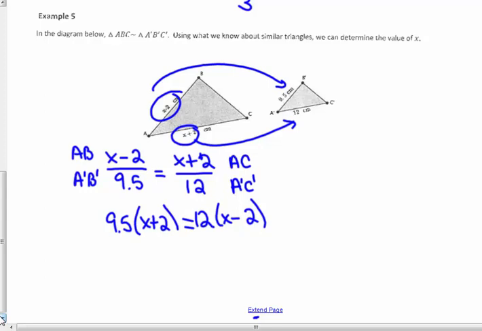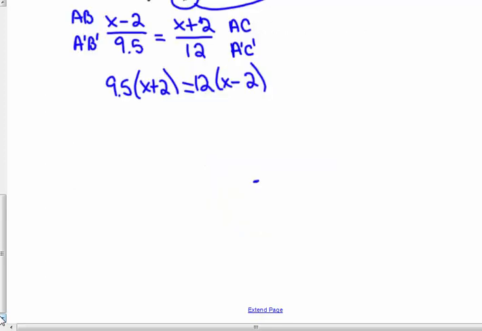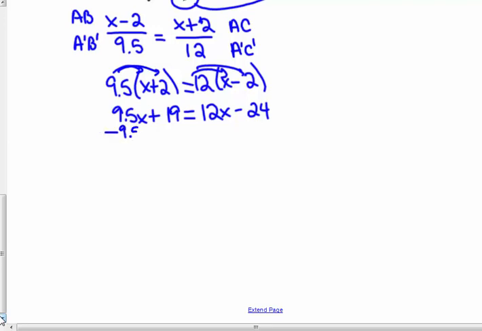Distributing, I get 9.5x plus 19 equals 12x minus 24. My smaller x is the 9.5x, so I'm going to subtract that from both sides first. Careful lining up your decimal points there. You may use a calculator to help.